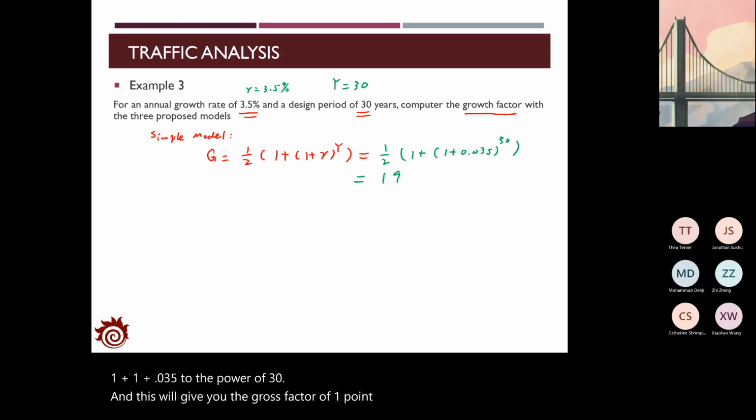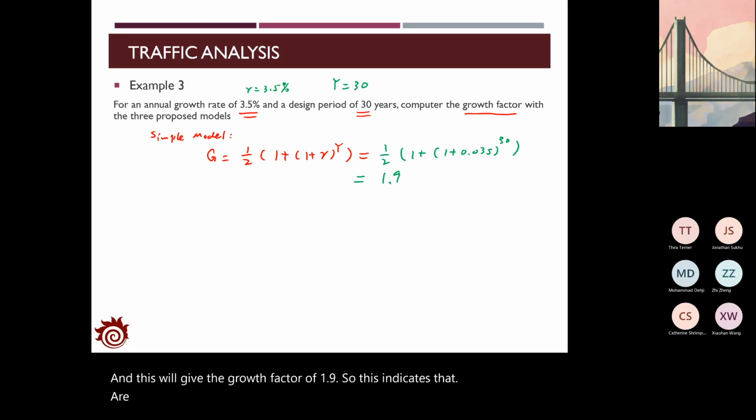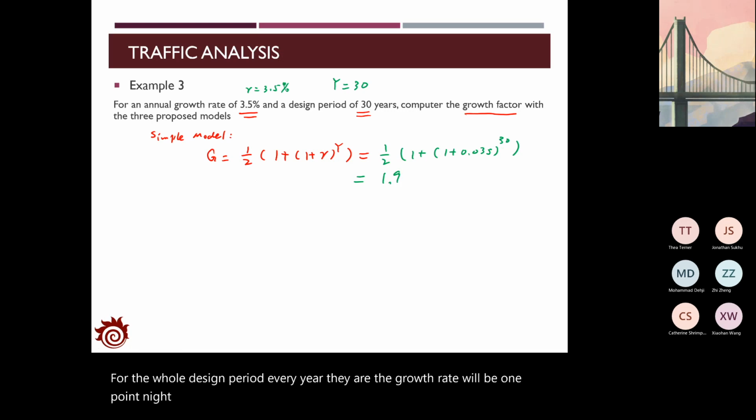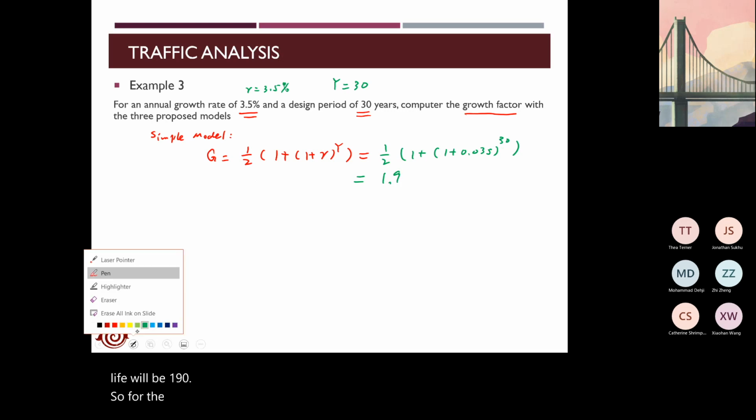So this indicates that if you have 100 vehicles in the current year, for the whole design period, the growth factor will be 1.9, which means that at the end of the design life will be 190. So that's for the simple model.